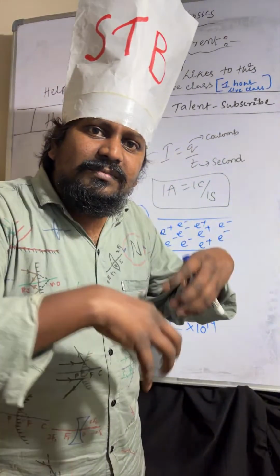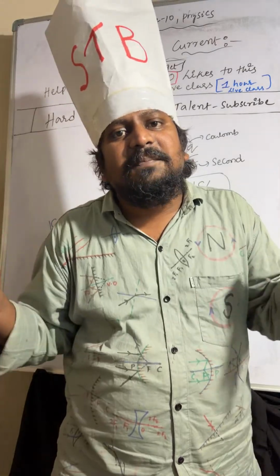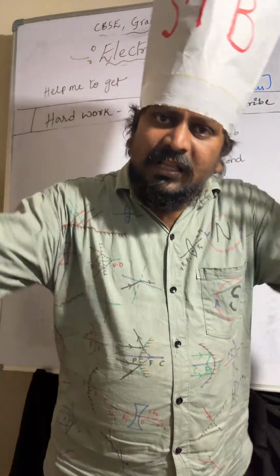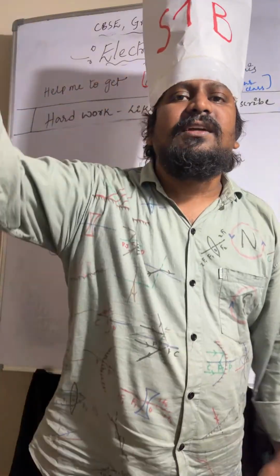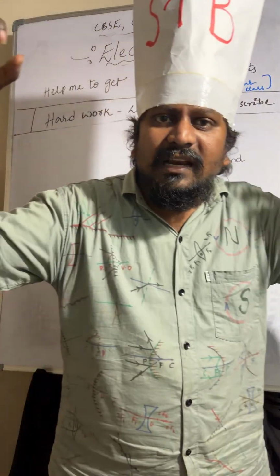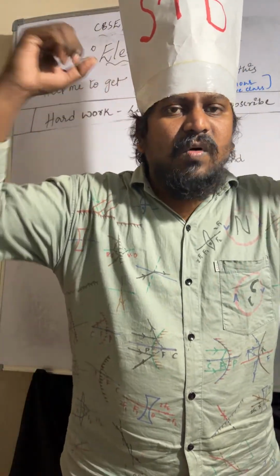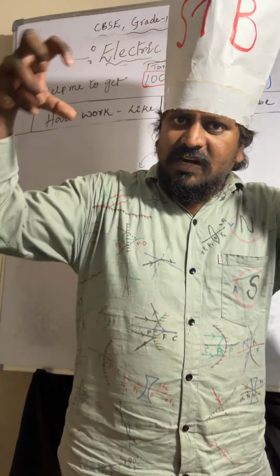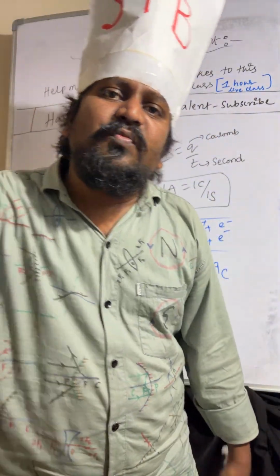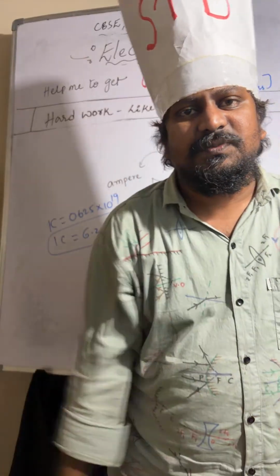In 1 coulomb, 6.25 into 10 power 18 electrons are present. So this is about electric current and quantization of charge. In 1 coulomb, how many electrons are present? On 1 electron, how much charge is present?